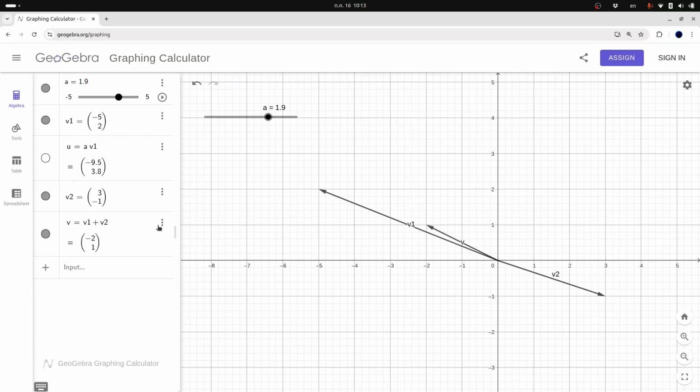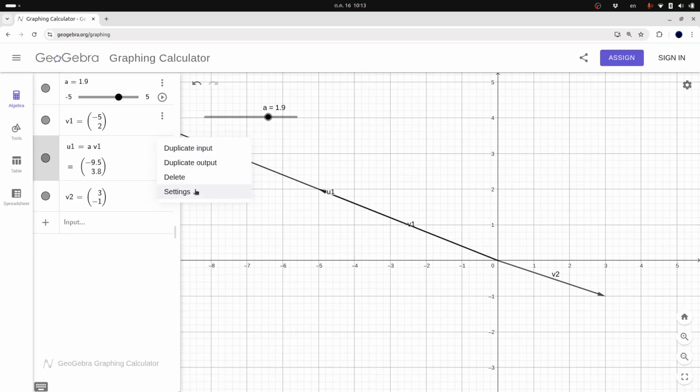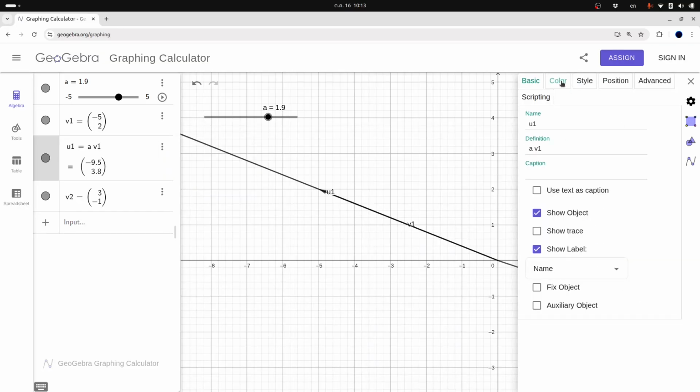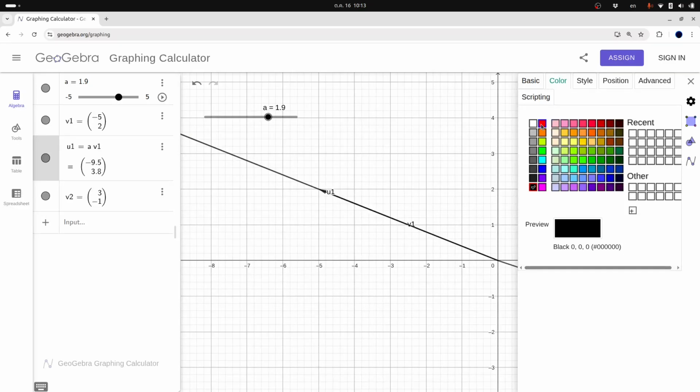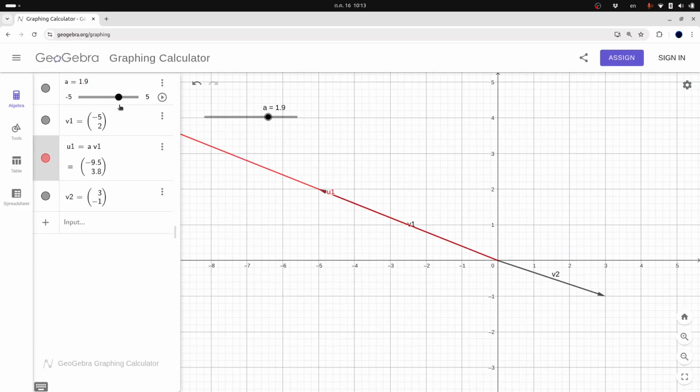Let me remove this one. Let's call it u1. Where is it? Okay, this is u1. Let's say it's red. So I'll multiply u1 with a.